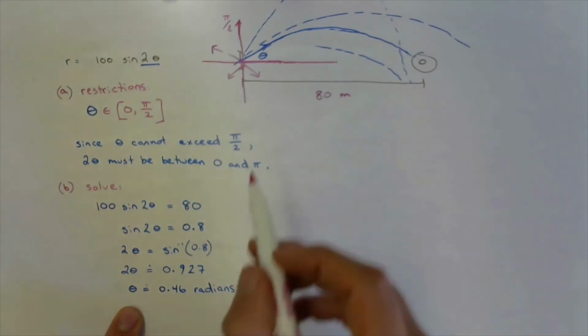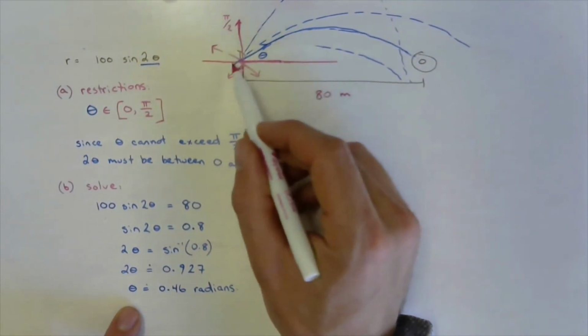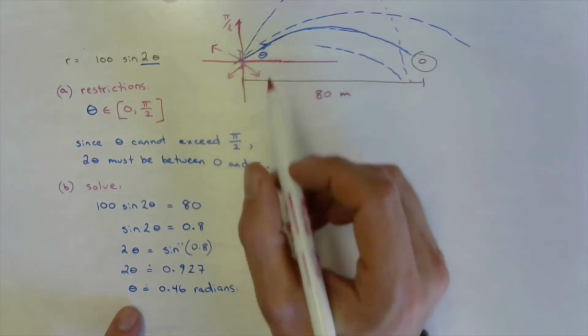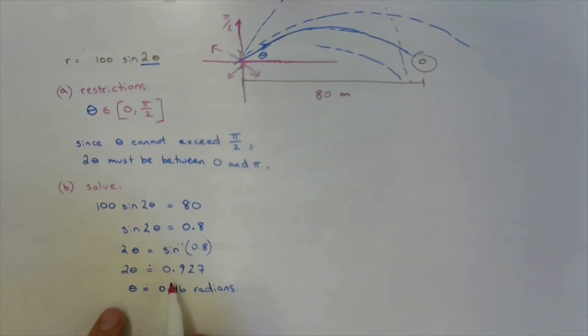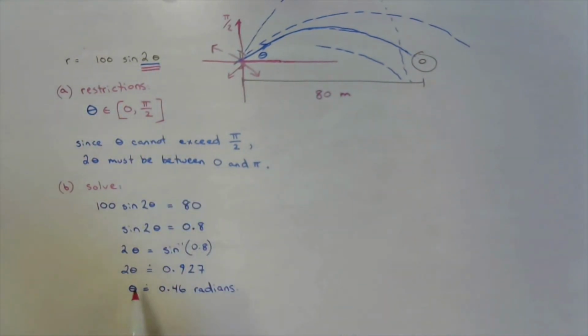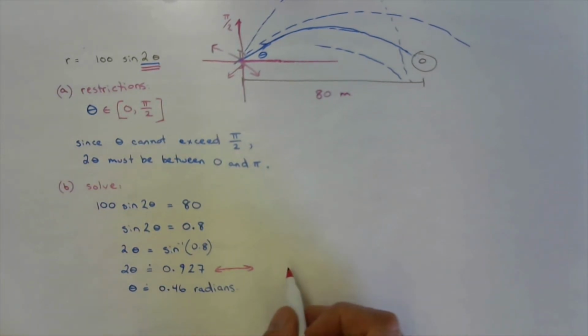Now this is the angle that it would be released at, but what we're finding out is that there are actually going to be two angles that it can be released at. So what we need to do is take this 2 theta, which is right here. Maybe I'll just pull it off to the side.